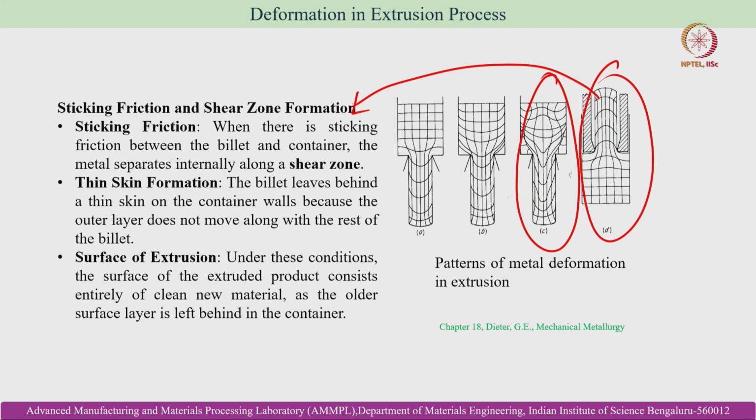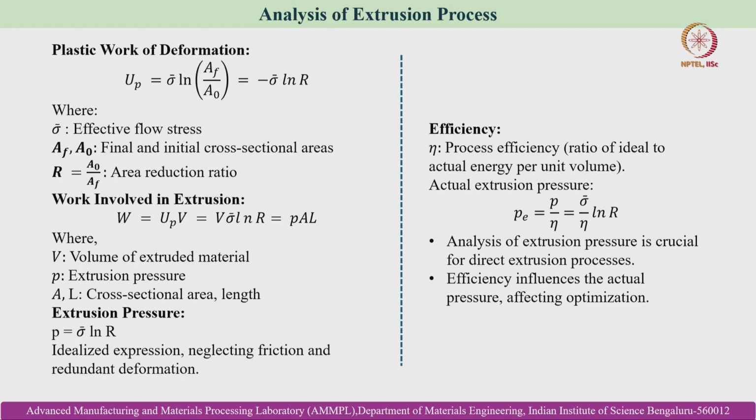The oxide scales otherwise present in the workpiece billet, and the defects, are contained in the thin skin, and the extruded billet comes out clean and defect free. The surface of the extruded product consists entirely of clean new material, as the older surface layer is left behind in the container. So, these are the different kinds of deformation modes that we observe in extrusion processes.